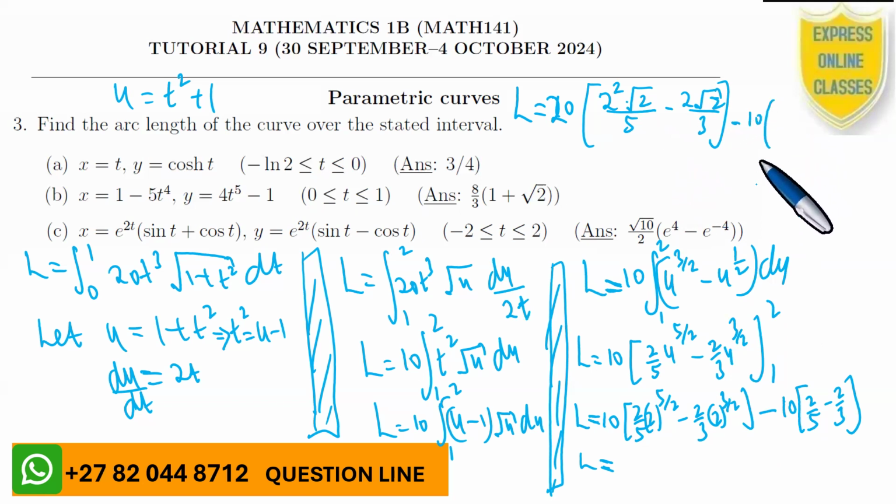And then you have this, 15. Divide this one by 5, you get a 3. 6 minus, divide by 3, you get a 5. By 2 is a 10. What is the arc length of this? So it is 20.